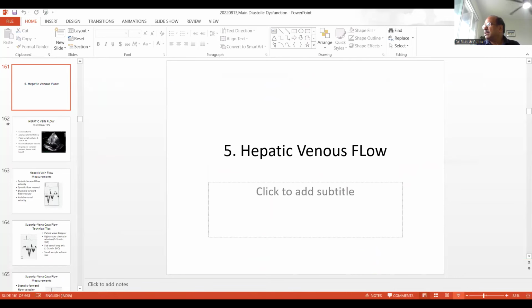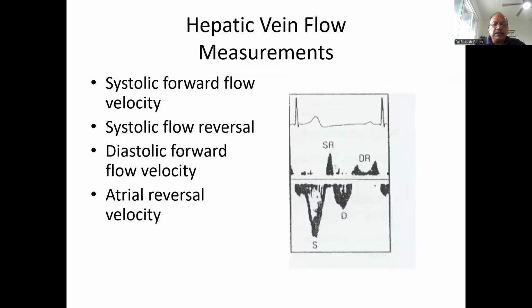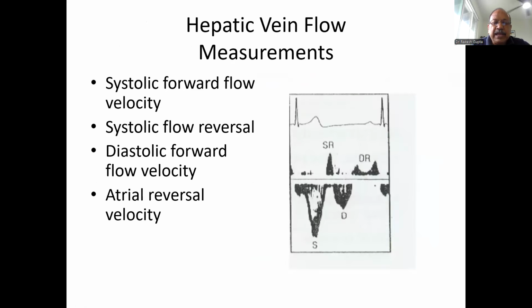Can you see my slide now? Yes. Is it clear? Okay. So what we do is, this is hepatic vein, this is IVC, this is hepatic vein. We'll put a sample volume right into the hepatic vein over here. Look, this is the beginning of a QRS complex to the next QRS complex.